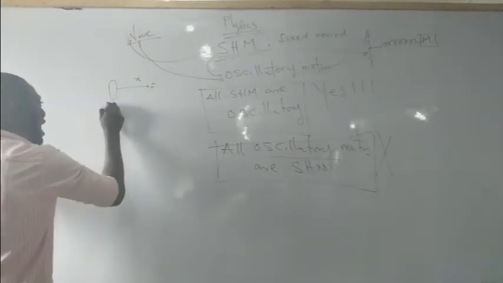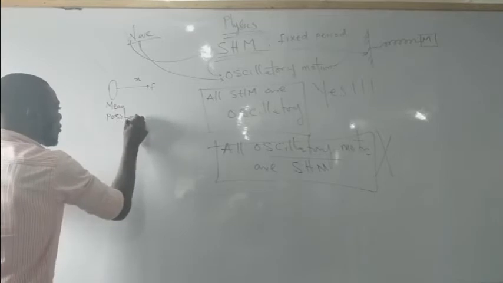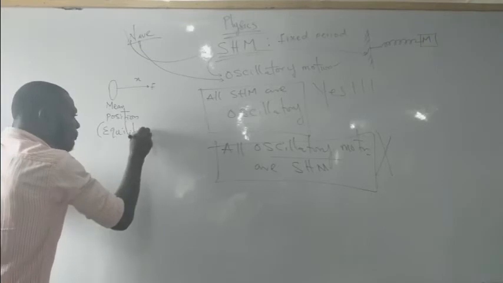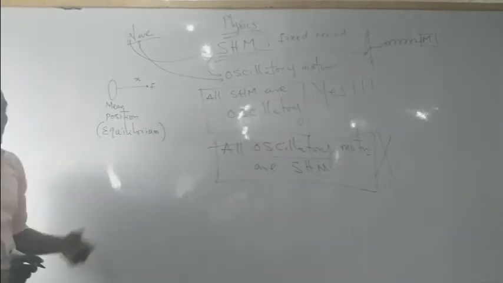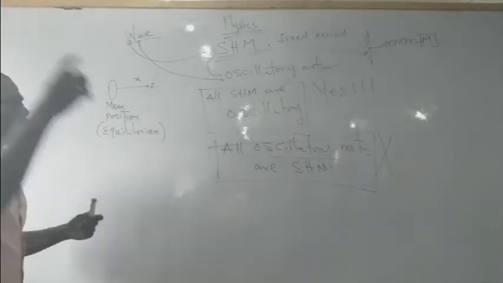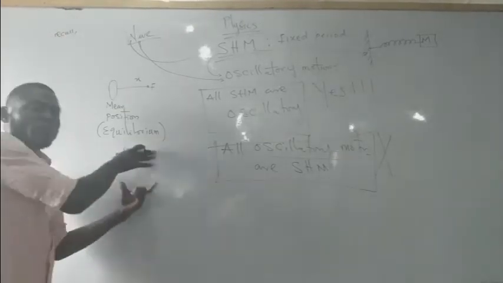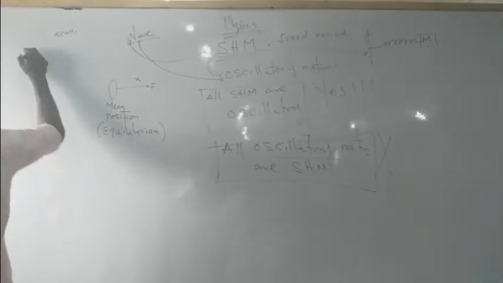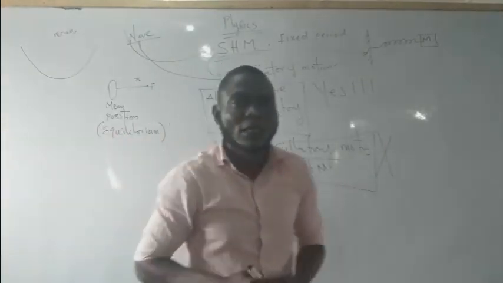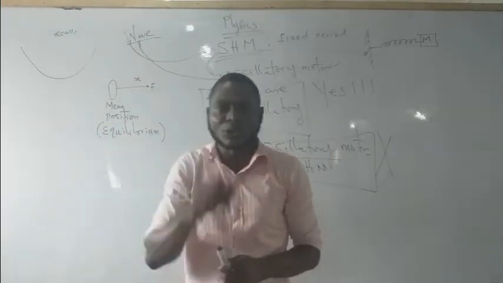So this is known as the mean position, or equilibrium position. If you recall from equilibrium, we know that for a body to be in equilibrium, it means the net force acting on that body must be equal to 0.